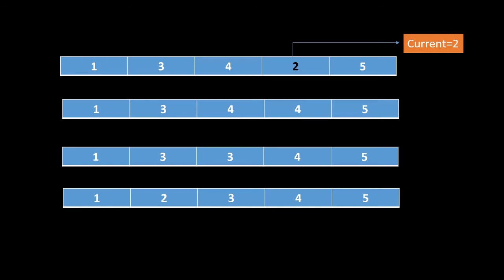Then we will compare with 4, the element at the second index, and we see that it is greater. So this number 4 will come at the next position, that is at 2. Then 4 will be as it is, because our number 2 is in the current variable.